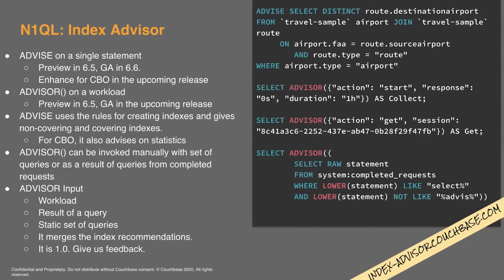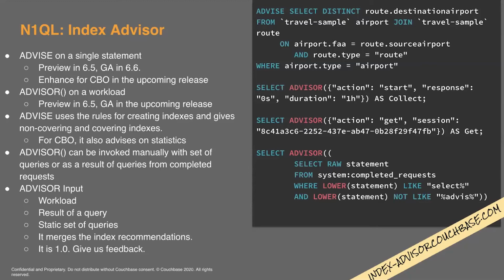Okay. In 6.5, we previewed our index advisor, and we GA'd the advice statement in 6.6. So basically, if you prefix a select statement with advise, we'll come up with the optimal index you need to have to execute this particular query.